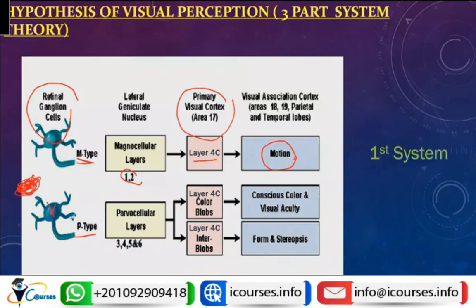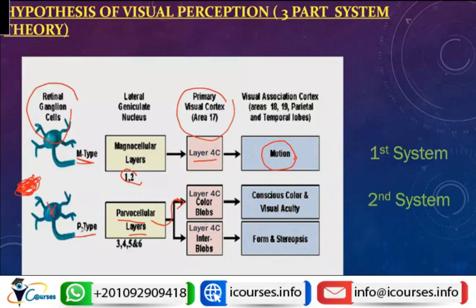This impulse is then transmitted to the parvocellular layers in the lateral geniculate body, which relay into layer 4C in the primary visual cortex, into the color blobs. The color blobs, in association with the secondary visual cortex, will understand that this is red, and that this is a circular pattern. So this is called the second system.